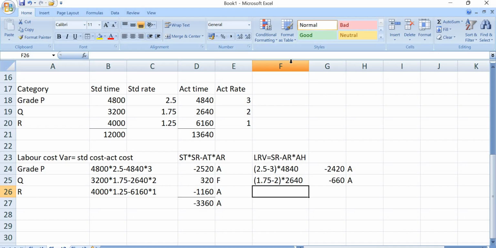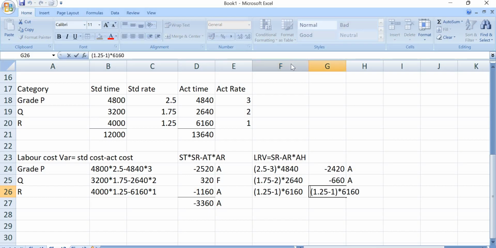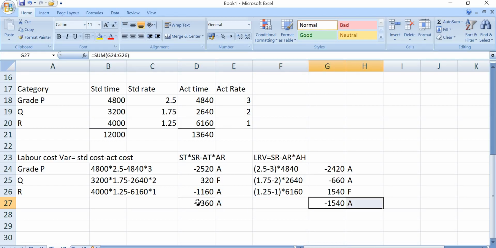Then for R, 1.25 minus 1. So this will be in favor only, into actual time 6160. So this should be in favor. So together I will be getting 1540 adverse.